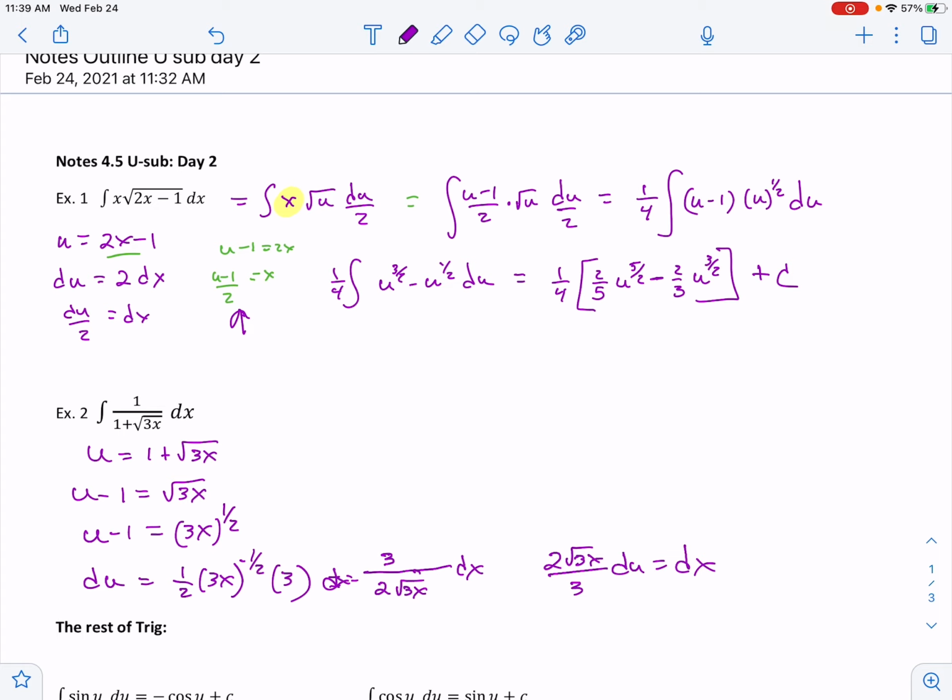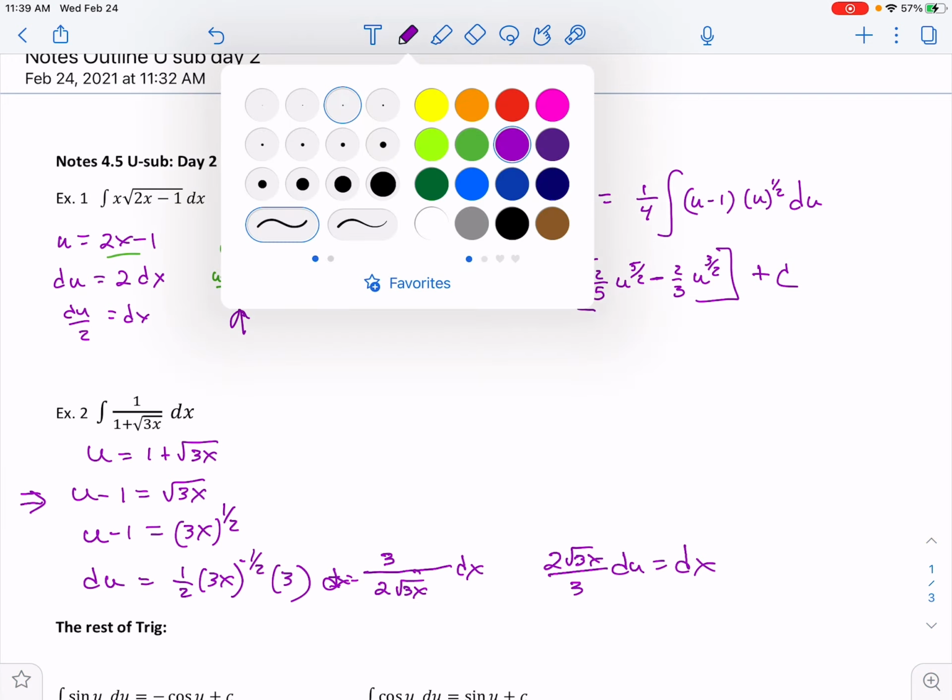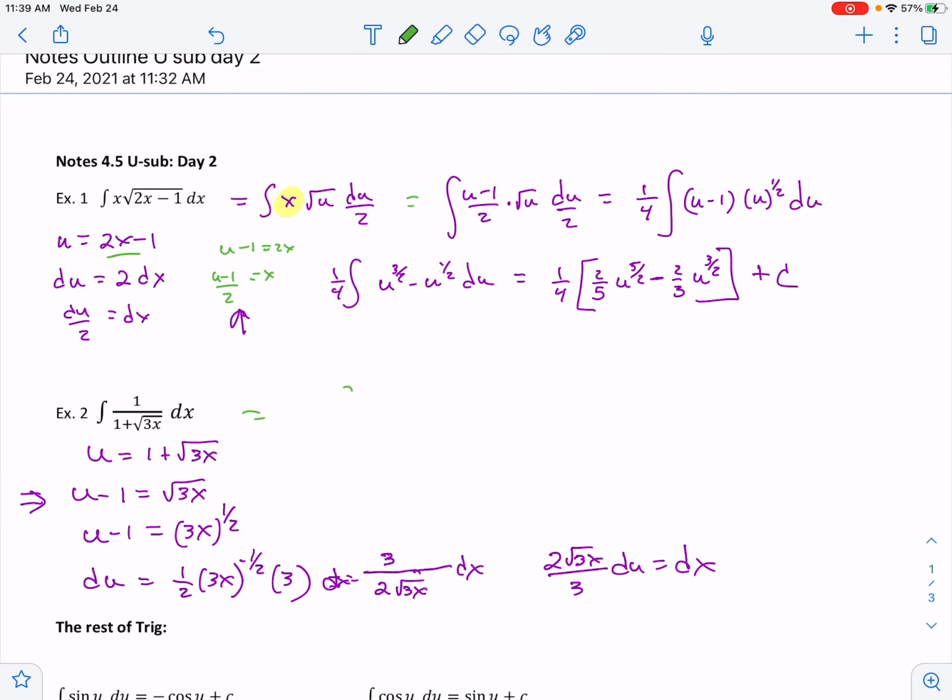Now I'm going to make my substitutions. And you'll come back and you'll see why we did this. All right, so here's my substitution. I have 1 over u. I replace dx with 2 square roots of 3x over 3 du.